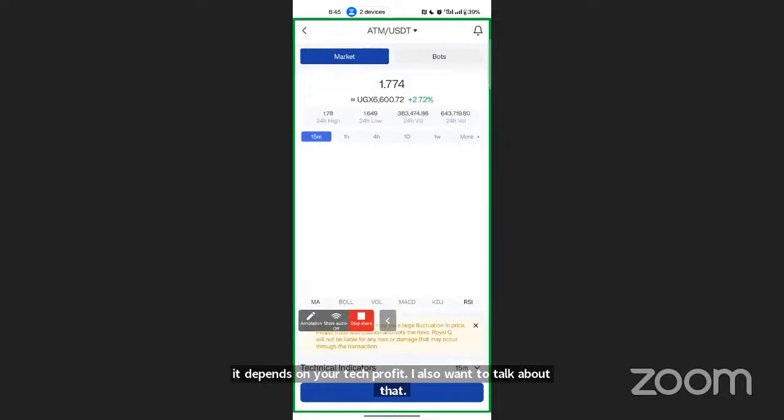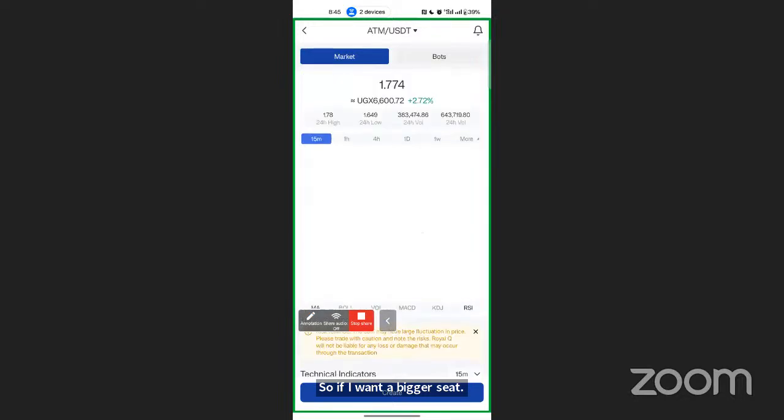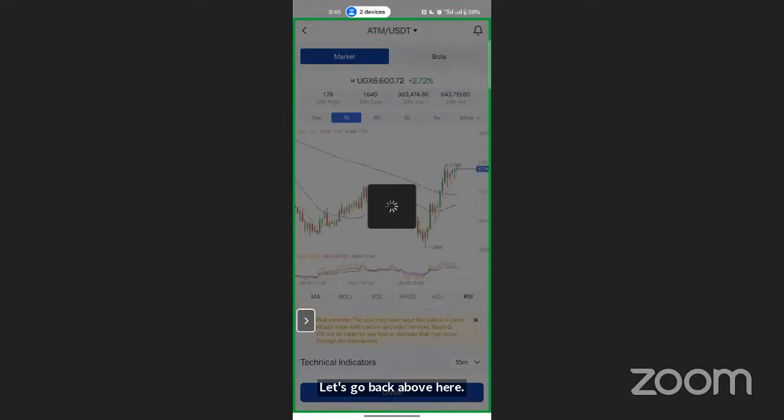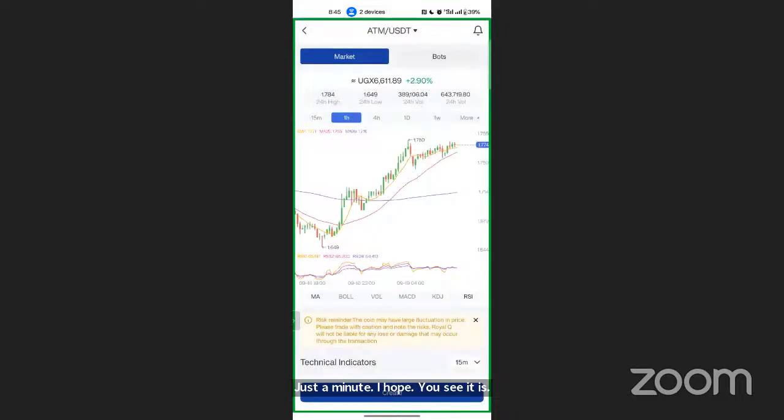Let's go back above here. Why is the chart not changing? Just a minute. I hope you see it is rolling. Oh, okay. Now I want in 15 minutes. All right.